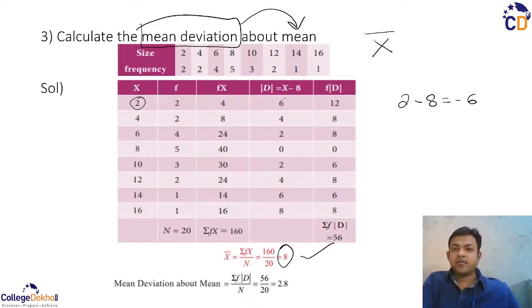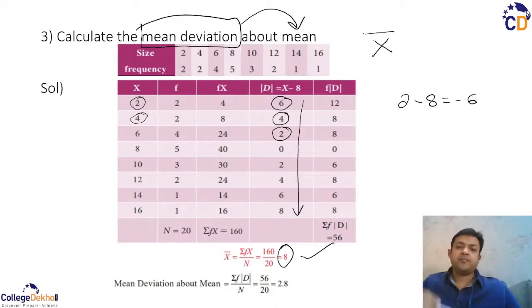So modulus of that would give me 6. Similarly, 4 minus 8 would give me negative 4. Modulus of that would come out to be 4. Similarly, we get 6 minus 8 is negative 2. Modulus of that gives us 2.